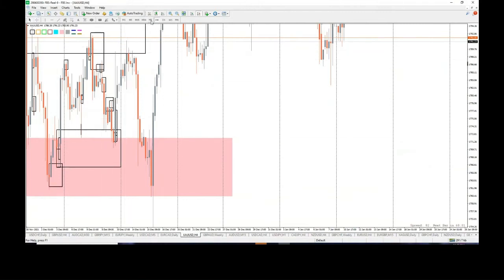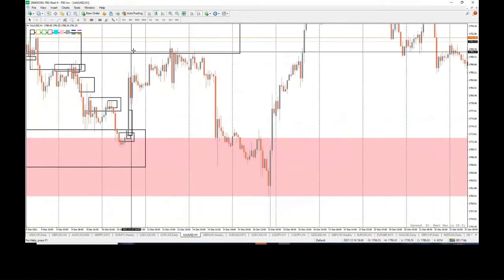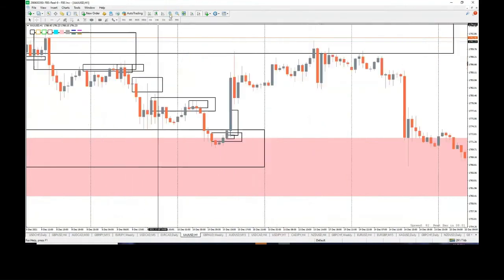H4 zone. You can go for a sell at this time, but this is not a good position, I think, because it's only for scalp. Price would have been going up so quick.